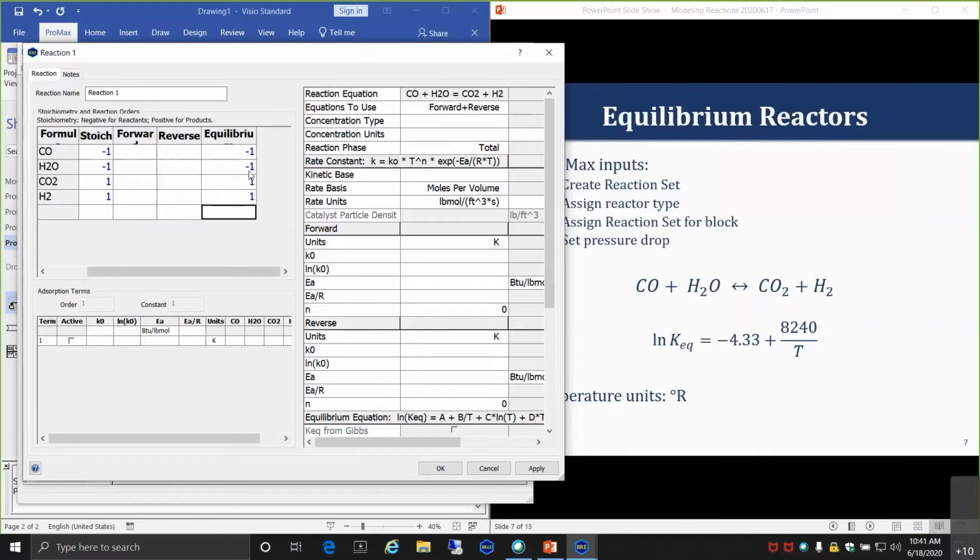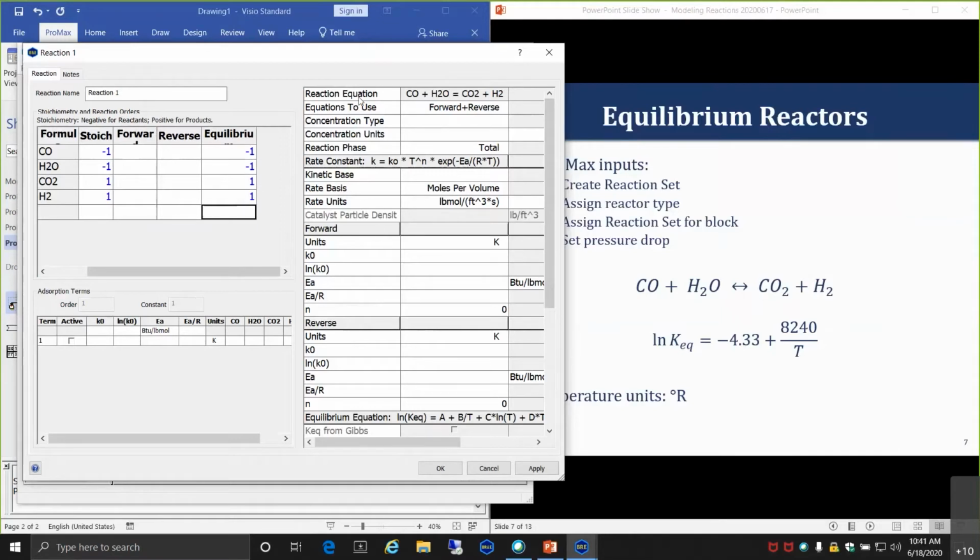So if you go back to chemistry, you have products over reactants. You would have something like the concentration of CO2 times the concentration of H2 divided by the concentration of CO times the concentration of water. So these two would be in the denominator, these two would be in the numerator.